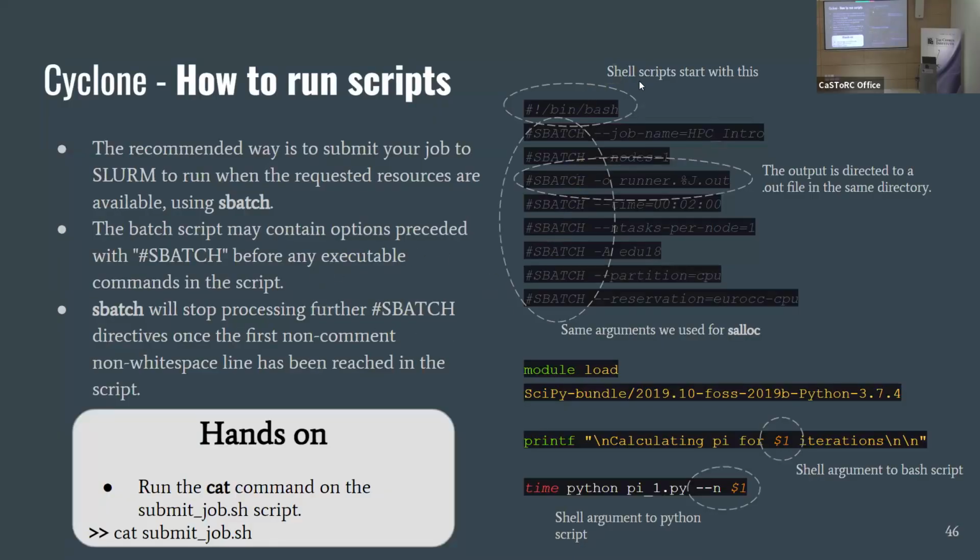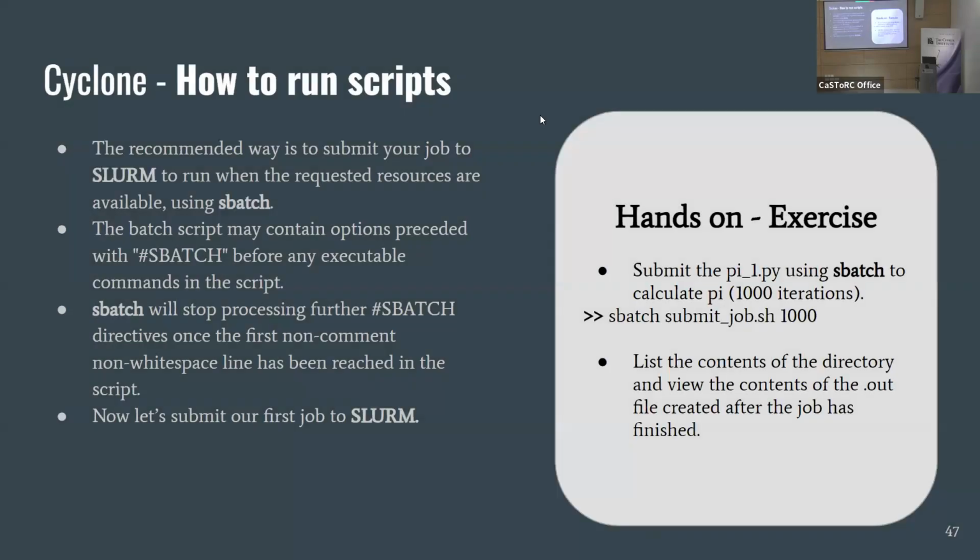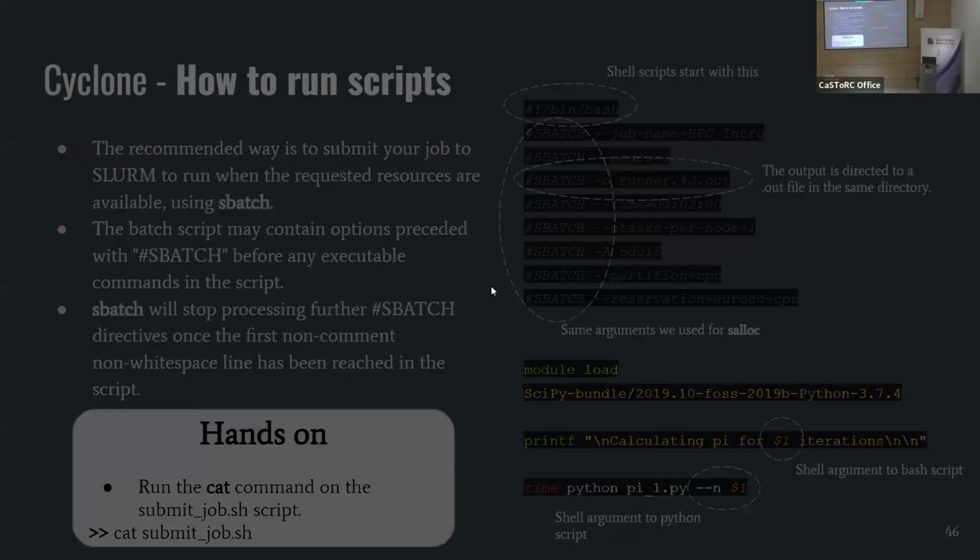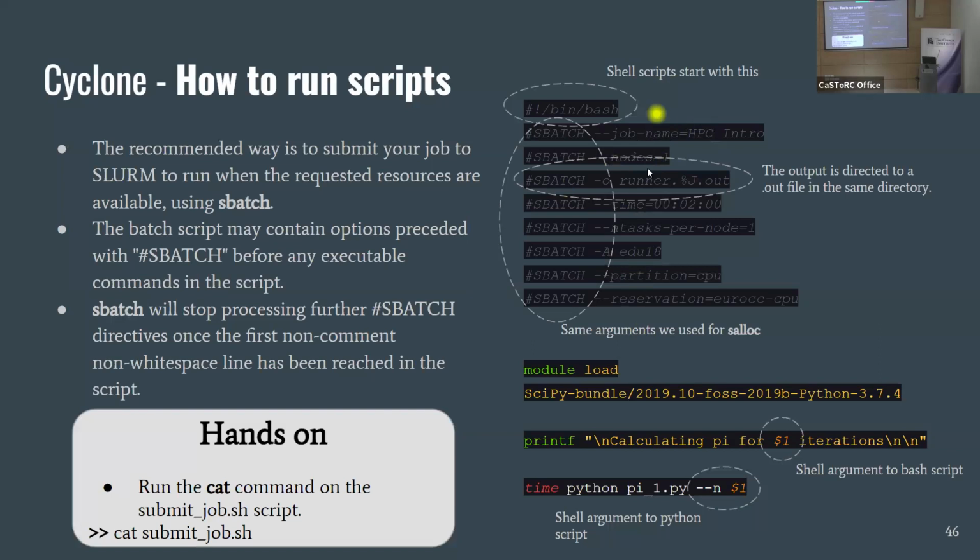Because this is a batch script, all the input arguments to sbatch start with the hashtag SBATCH prefix. And basically you give the same arguments you use for salloc. Job name is where you give a name to your job so you know which it is in the queue. Don't really need it now because it takes half a second to run. Request one node. This is important.